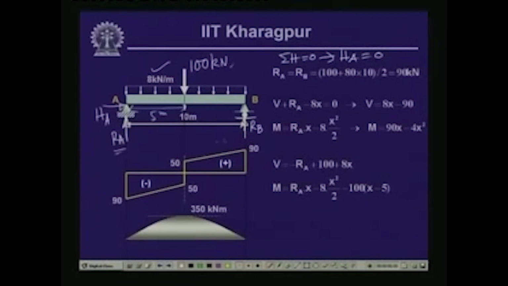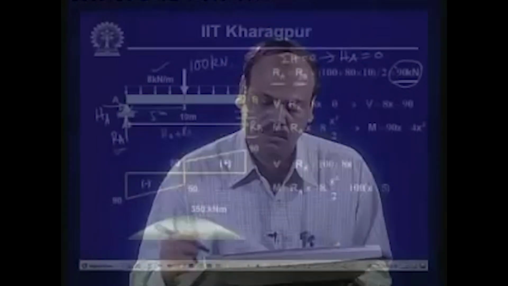So, for the reactive values RA and RB, if we write down RA plus RB equals the vertical force 100 plus 80 times 10, and then if we take the moment of all the forces with respect to A, we can evaluate the value of RB, and therefore you will find that RA and RB will be equal to 90 kilonewton, which is half of the total load being carried by the beam, because RA and RB are symmetrically supporting the whole beam and the load is also symmetrical. So, the reactive values of RA and RB are the same, and the magnitude is equal to 90 kilonewton.